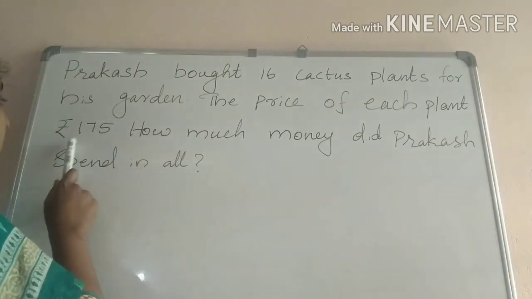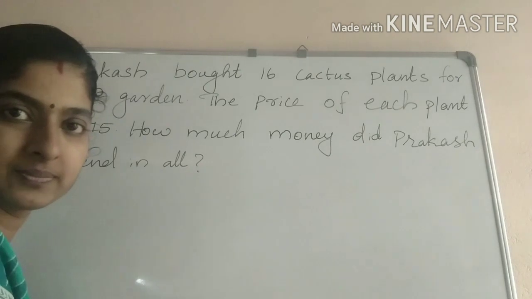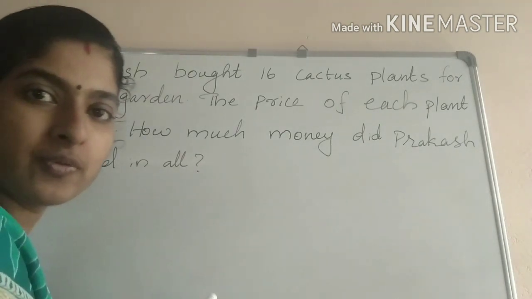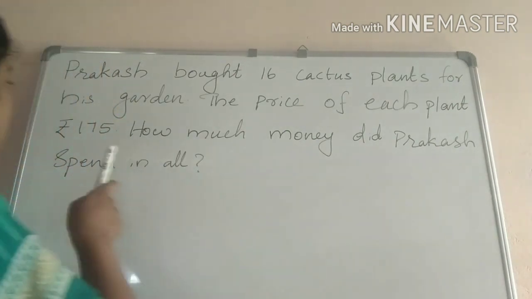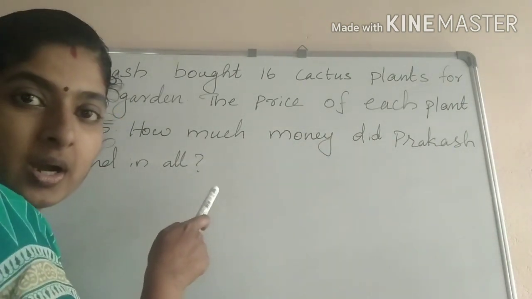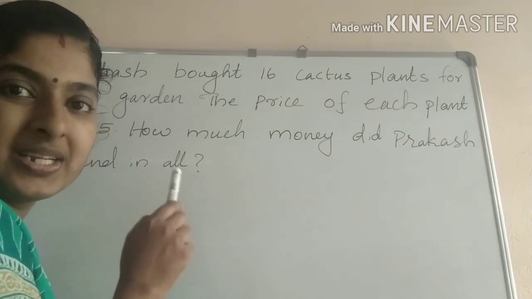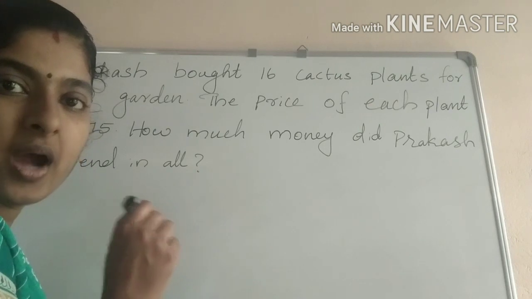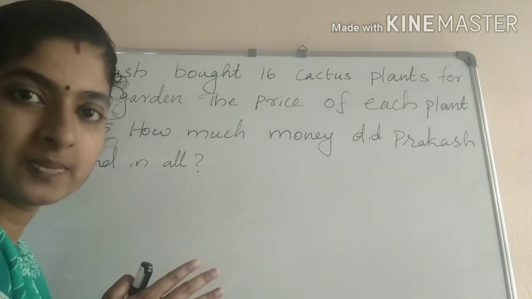That is rupees 175. Then, what is the question? What do we have to find? How much money did Prakash spend in all? That is, totally how much money he spent.